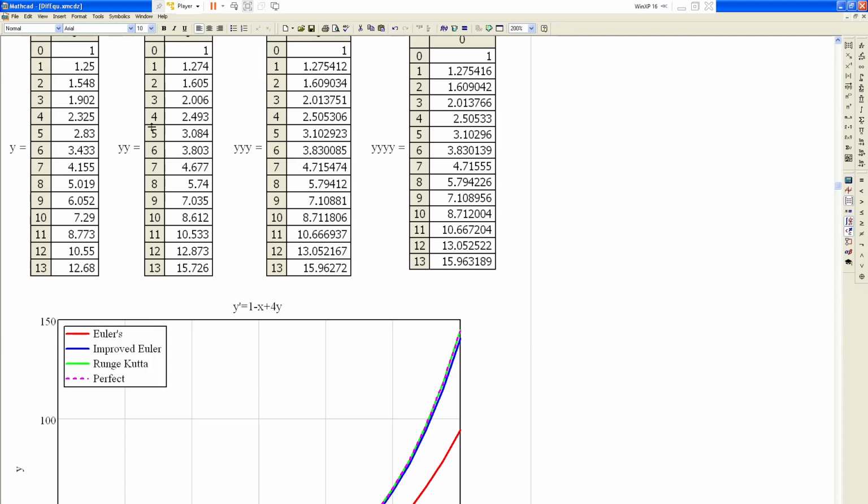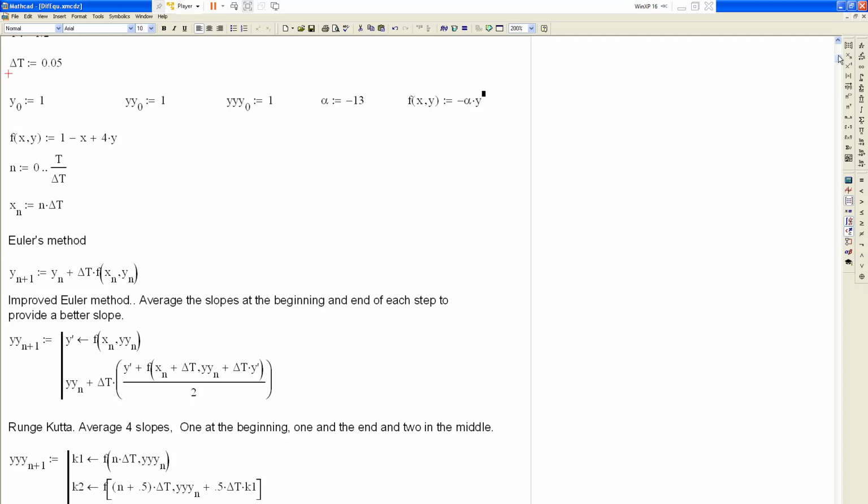And obviously we're not stepping quite as far here, but you can see that this is still not very good, but the improved Euler's method is closer, and there is hardly any difference at all between the Runge-Kutta and the perfect solution. But let's move this up again and make this a 0.01.